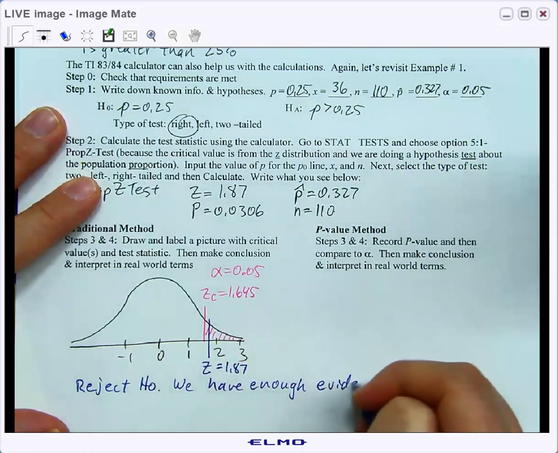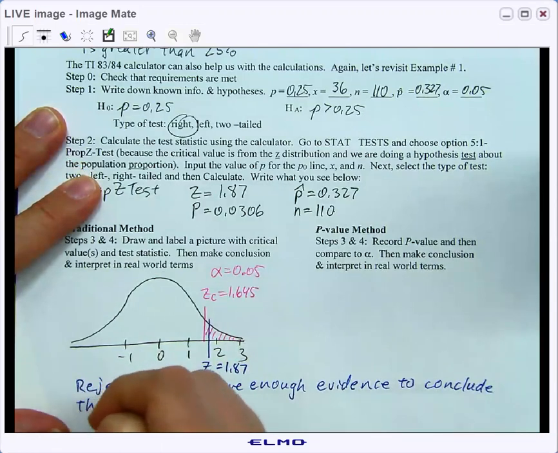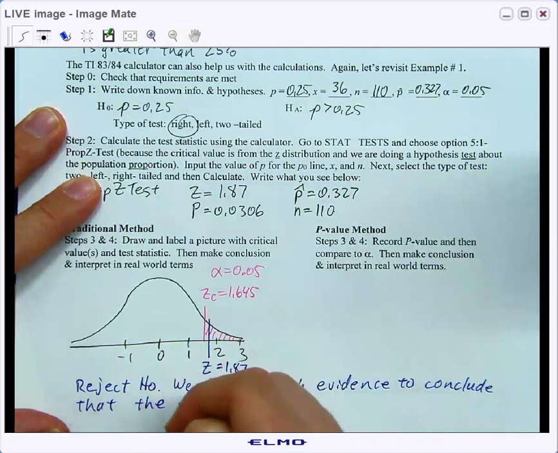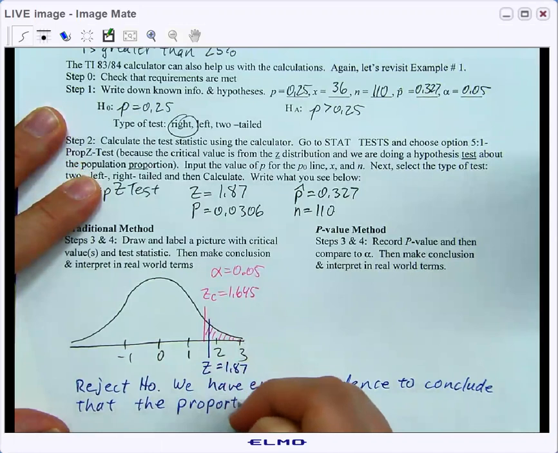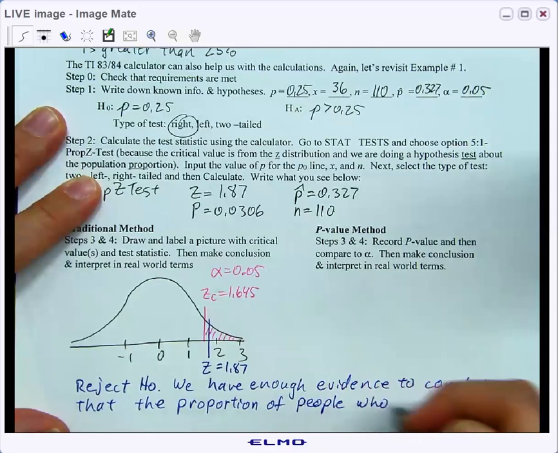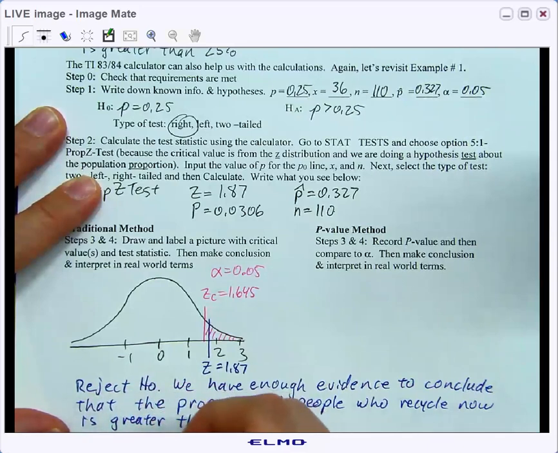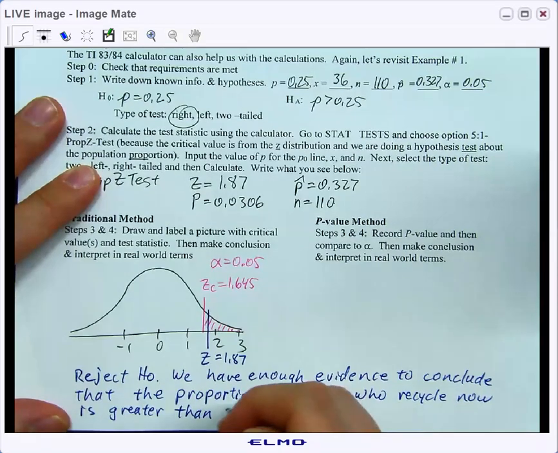Therefore, we have enough evidence to conclude that the proportion who recycle now is greater than 25%.